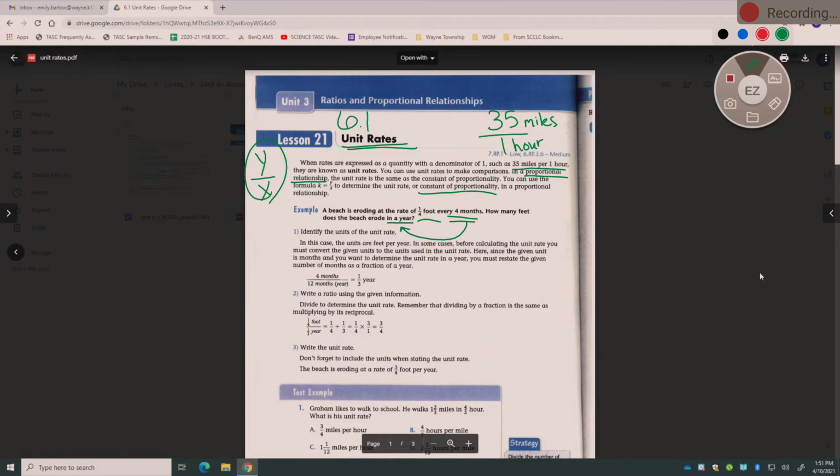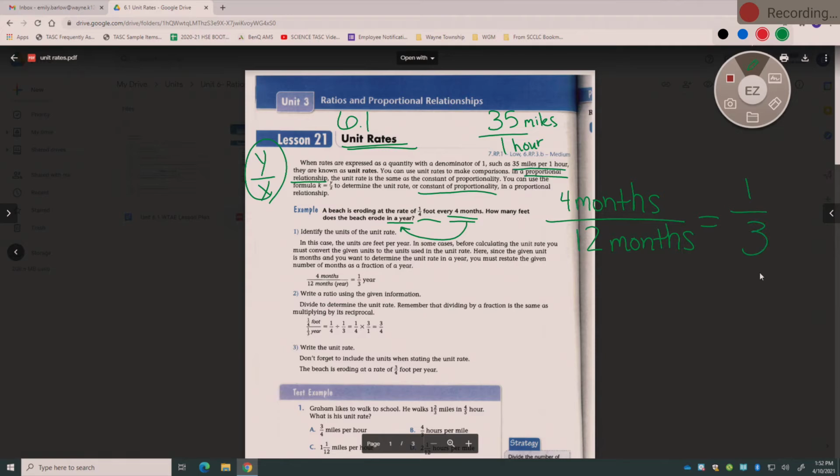In 4 months, the number of months that we are looking at over our possible months in a year would be 12 months. So 4 months equals 1/3 of a year.